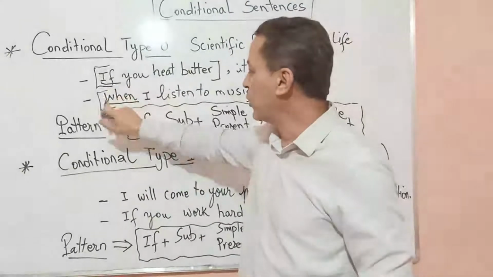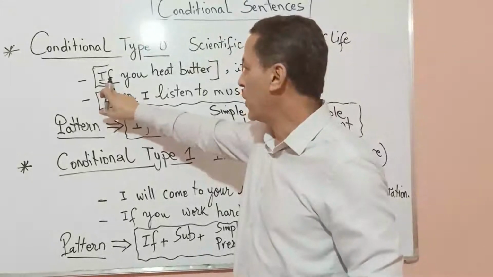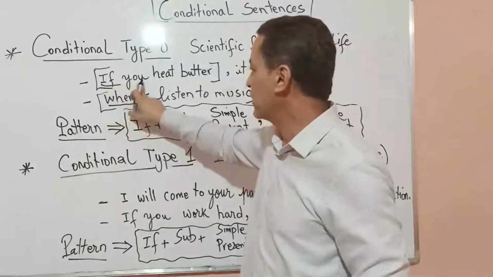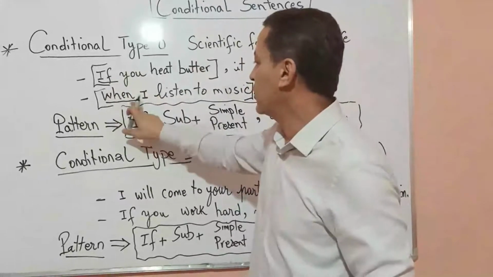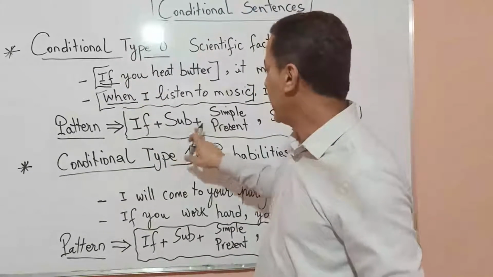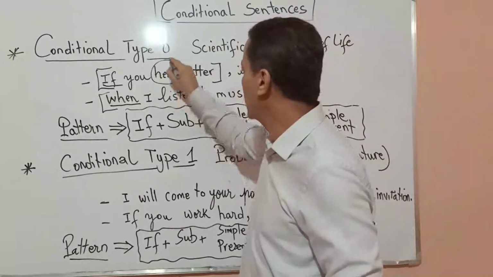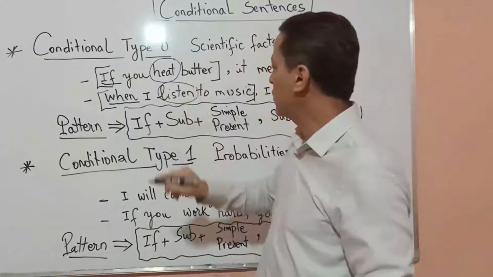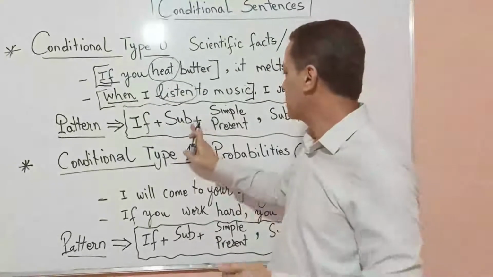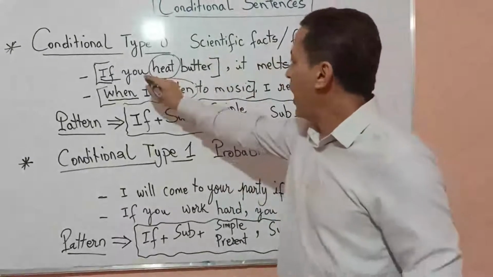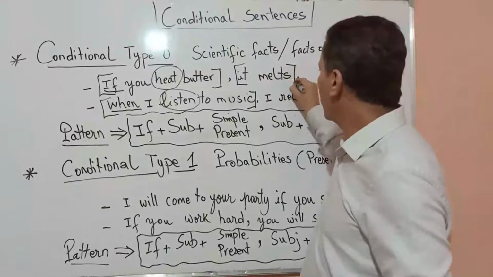And the rule is when you start in the condition clause, you start with if, then subject. In this case it's you, in the other case it's I, okay, and then plus simple present. The verb is in the simple present. Okay, base form is in the simple present. Right. And it's also made up of another clause.